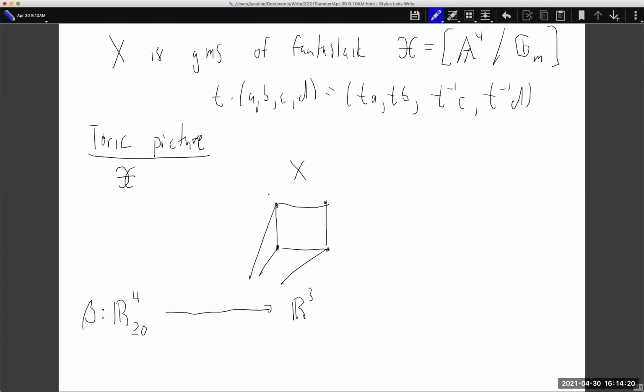Let me give some names to the first lattice points along these rays: v1 through v4. This map exactly picks out those first lattice points. So it takes the ith standard basis vector and maps it to v_i. So this map beta is exactly the combinatorial data of this toric stack. And because I can't draw the positive orthant in R^4, I'm just going to draw a blob for that.